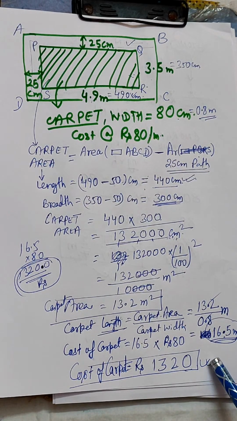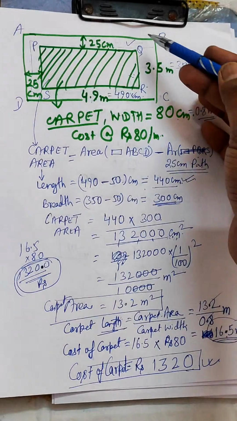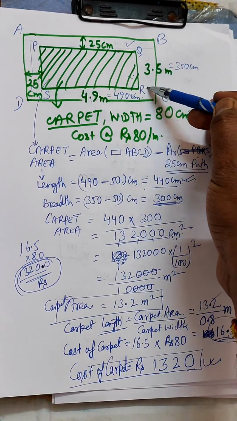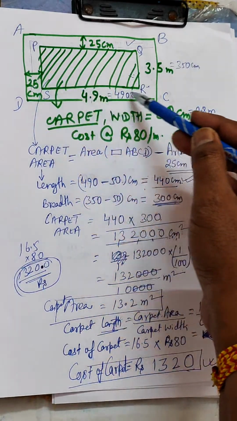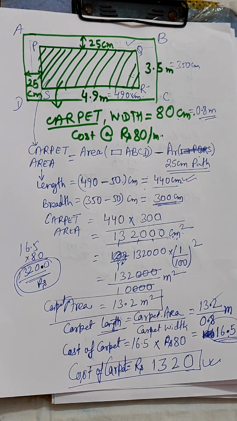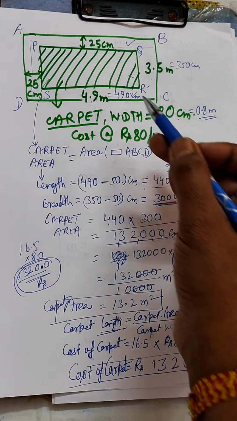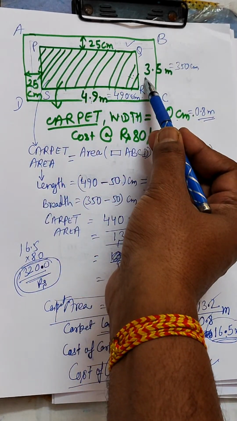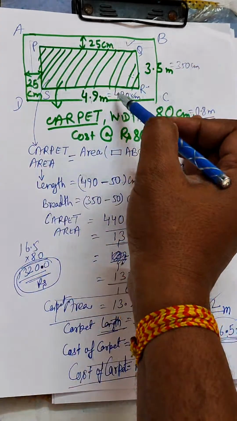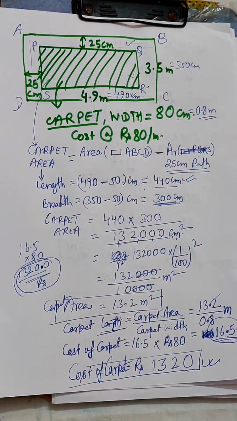So how we solved this question, you understand, students? It's given that inside the room, a vacant space of 25 centimeter is left across the boundary. We just subtracted this width from both sides, across the length and across the width, to get the inner dimensions.